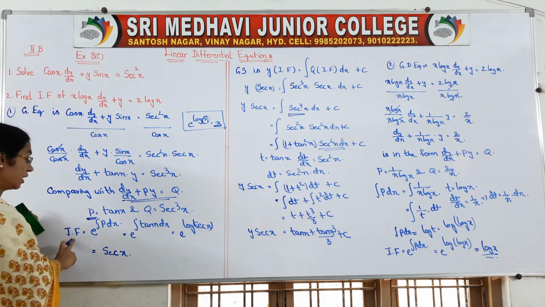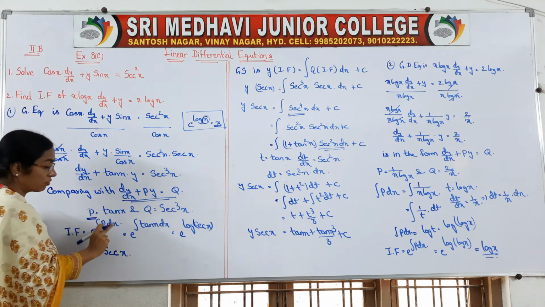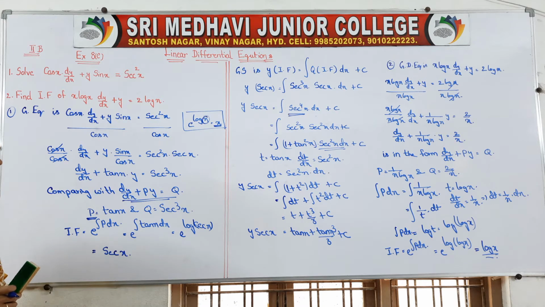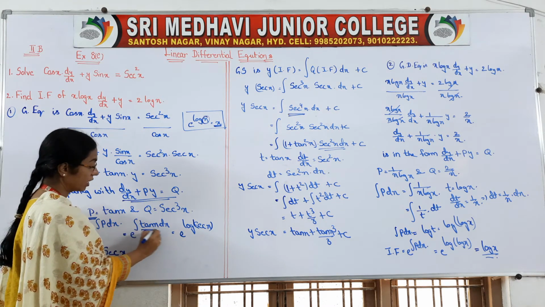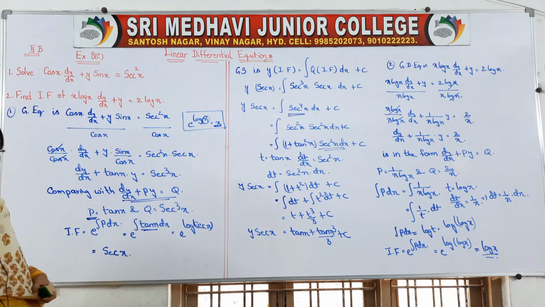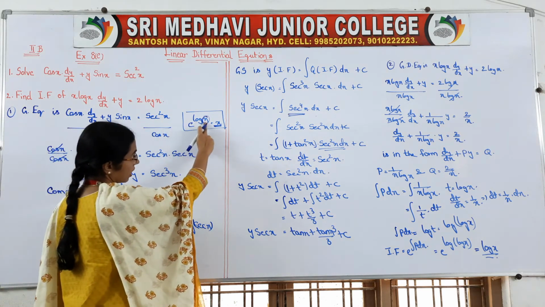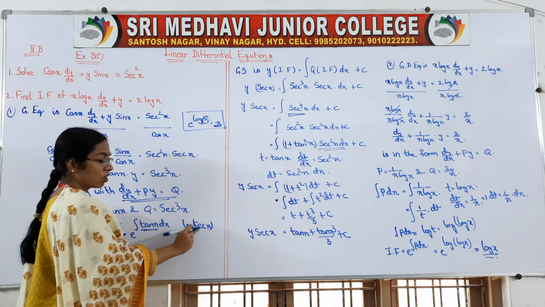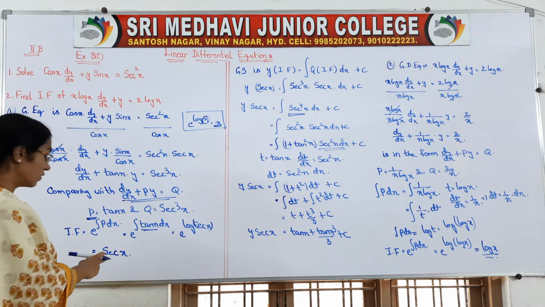So the integrating factor is e to the power of integral p dx, which means integral tan x dx. It is a direct formula: integral tan x dx is log secant x. So e to the power of log of secant x is nothing but secant x.